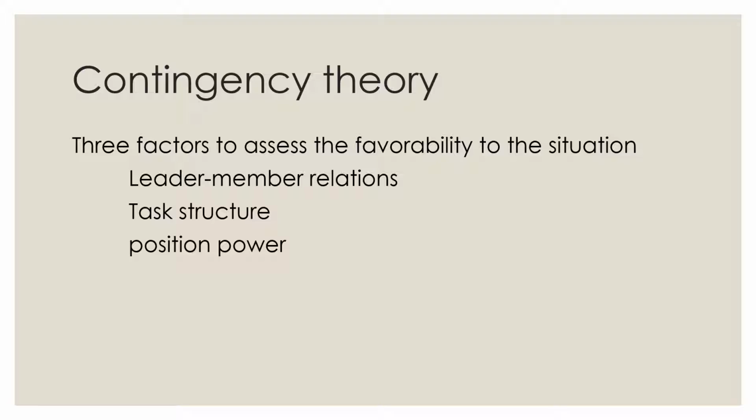So when you're looking at it, you're going to see if the leader's style is more task or relationship oriented. Looking at the situation, you're going to see the leader-member relationship, task structure, and position power. Do these match the leader style? And you want them to match to help maximize the potential of it.